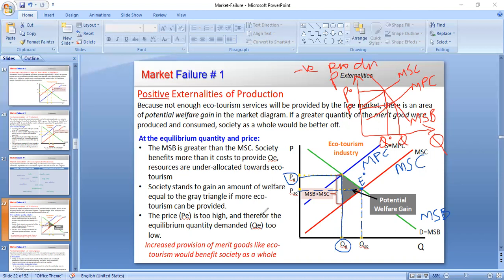Now, with positive externalities, we still have to take key notes. Basically, 3 concepts or 3 elements to note here with a positive externality, just like we noted with a negative externality. So with the positive externality, what we have to note is that the marginal private cost is greater than the marginal social cost with positive externality of production.